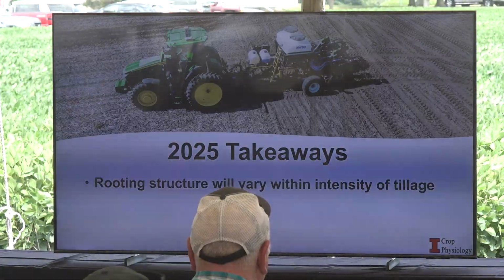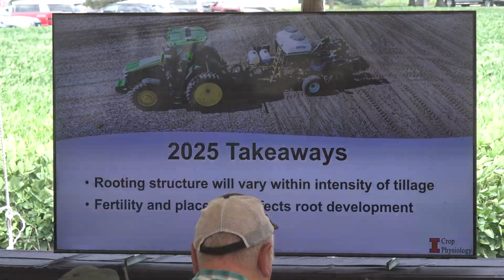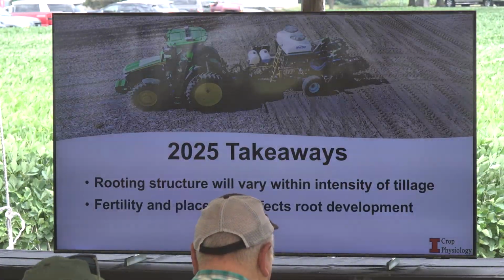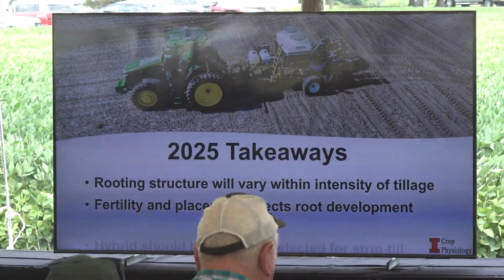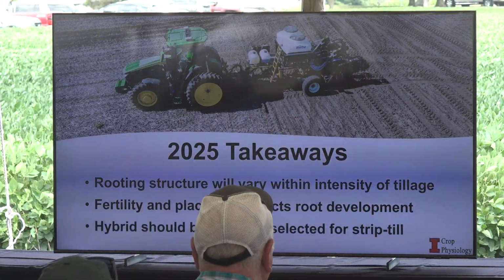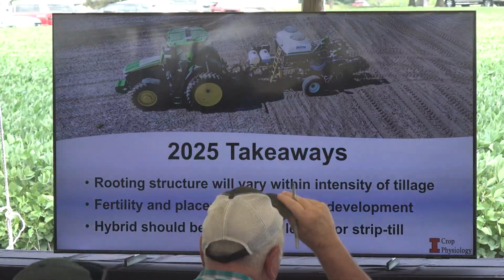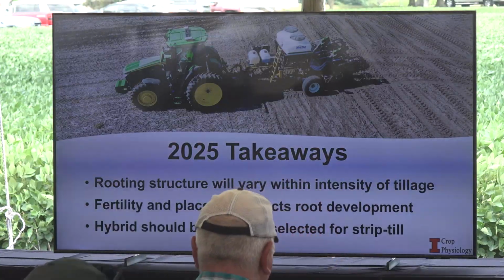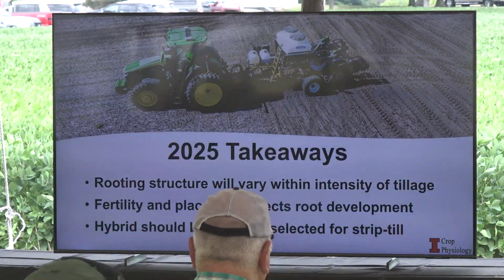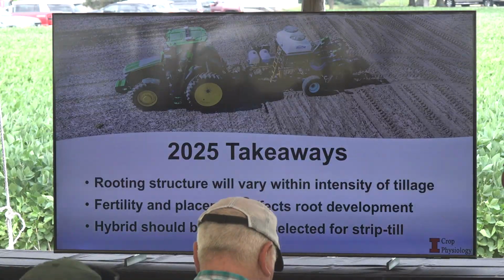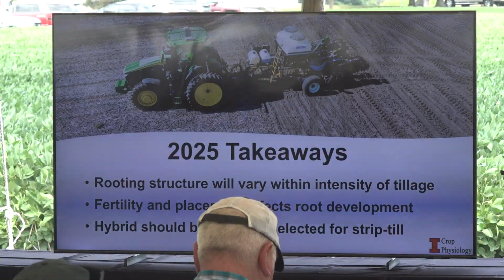And that fertility and placement will affect your root development, as we saw by the angle, by the mass, but also by the depth. Lastly, your hybrid should be carefully selected for strip till, largely because of the strike zone. Where you're placing that fertility, you want your roots in that strike zone to help pick up the fertility that you're spending the money on this year in 2025.